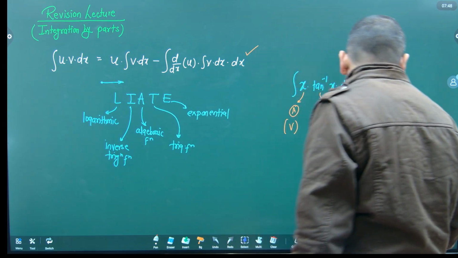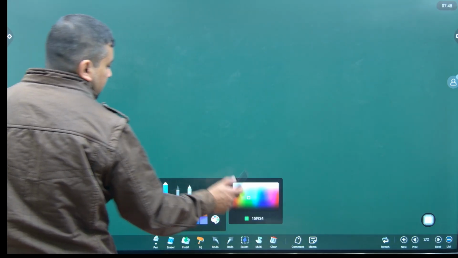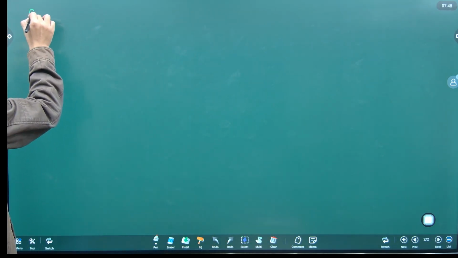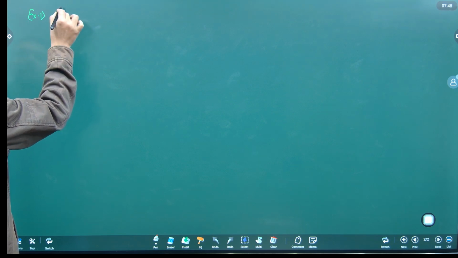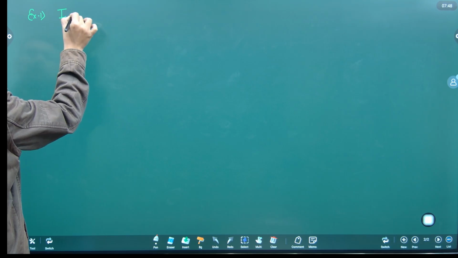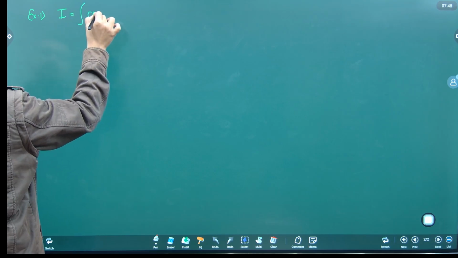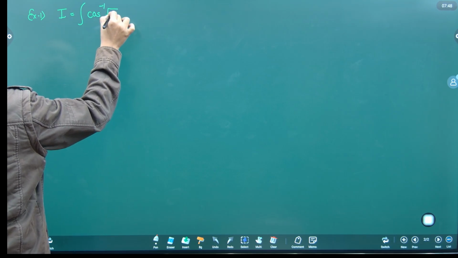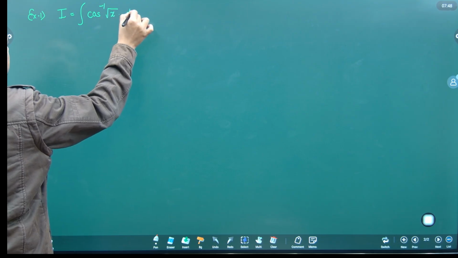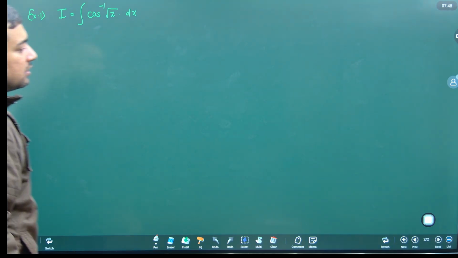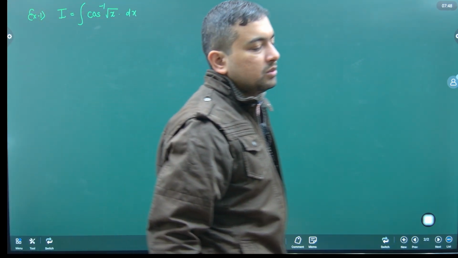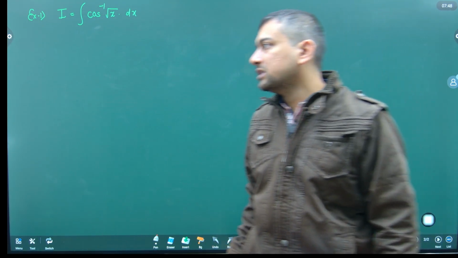First example is integral I is equal to integral cos inverse root x into dx, correct?